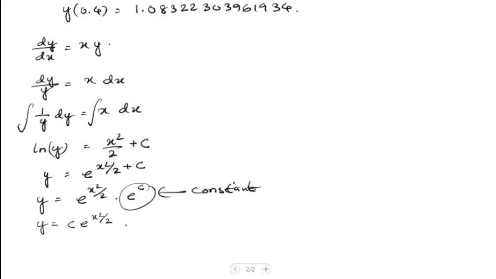And now we have the initial condition, which is y0 is equal to 1. If we replace the values here, y is 1, c constant, e to the power x is 0, 0 squared divided by 2. So you can see that c is equal to 1.